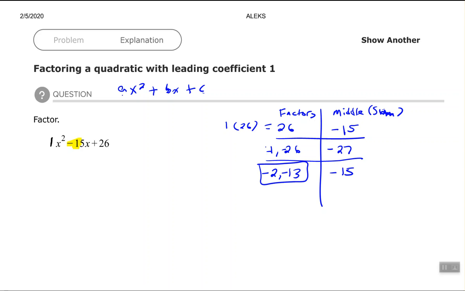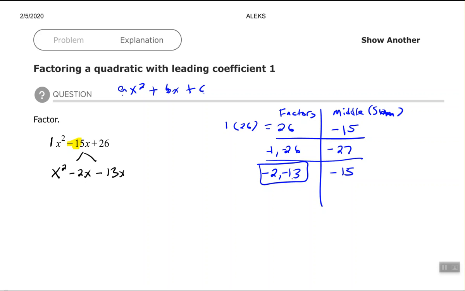Once we find those factors, we come back over to our problem and we rewrite the expression, changing the middle term using those two factors that we just found. So the x squared will stay like it is. The negative 15x, I'm going to write that as negative 2x minus 13x.